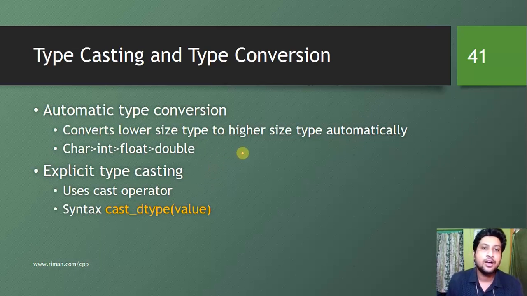Now let's look at typecasting and type conversion. Automatic type conversion converts a lower size type to a higher size type automatically. Like char can be converted automatically into int, into float, into double. How does this work?